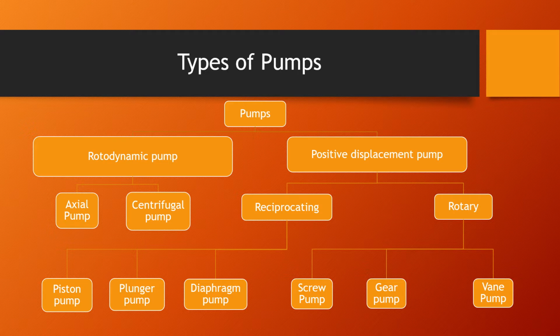Rotodynamic pumps produce a relatively lower head, but they produce a very high discharge rate. So positive displacement pumps are going to be very high head or very high pressure pumps, but they produce very low discharge rate. And the rotodynamic pumps are going to be producing very high discharge rate, but the head is going to be relatively lower compared to positive displacement pumps.